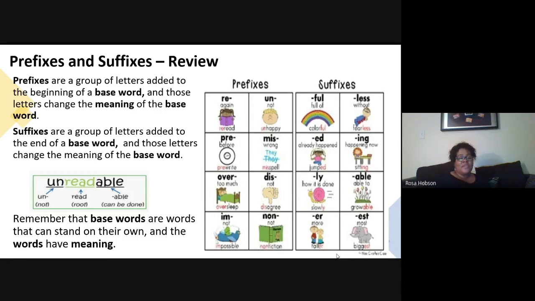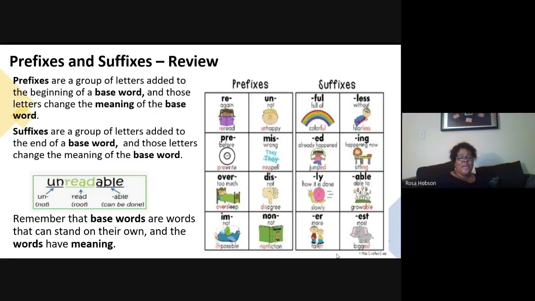Now let's look over here at this word, unreadable. When we look at unreadable, we can see that something has been added to the base word, or root word. Read is the base word, and that means you're able to read this document or item.